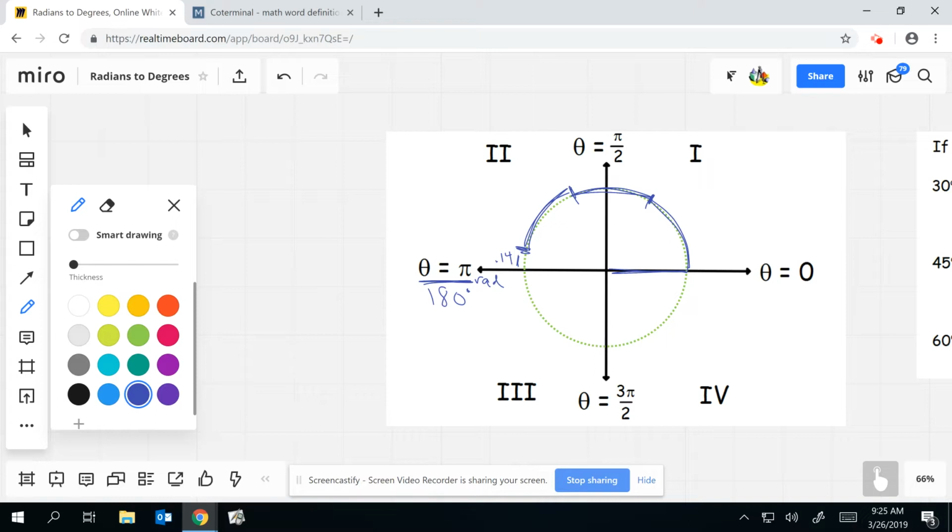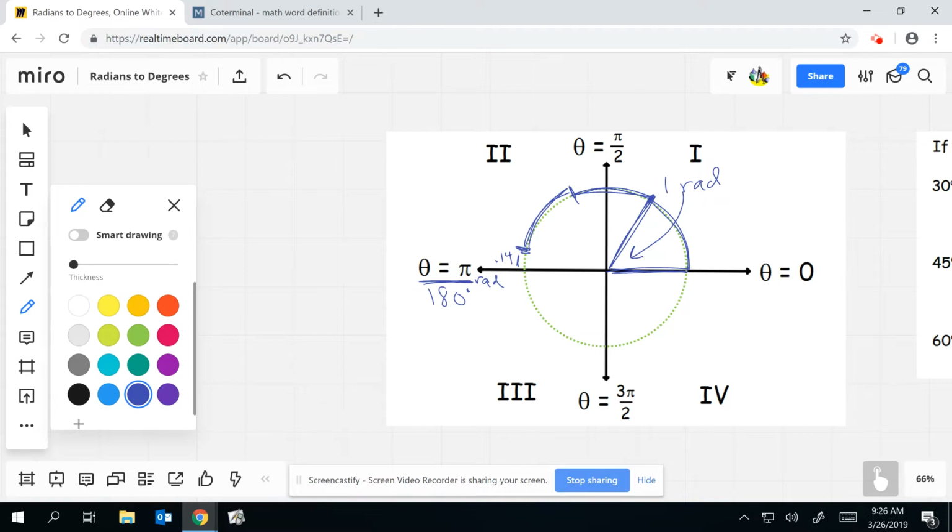Now I want you to look at the quadrants. This would be like 1 radian right here. That angle, if I drew it like this, would be a 1 radian angle. It would also be 57.3 degrees. We talked about that yesterday. If I was to ask you what quadrant 4 radians would be in?